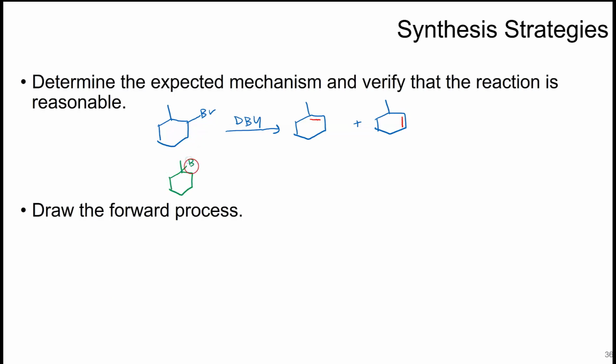If I did the reaction here and I use DBU, this will form the double bond and this will be the major product. So for the mechanism here, this DBU could grab that proton and do the elimination and kick that off. So that mechanism works out. I have the right product here. So draw the forward reaction.